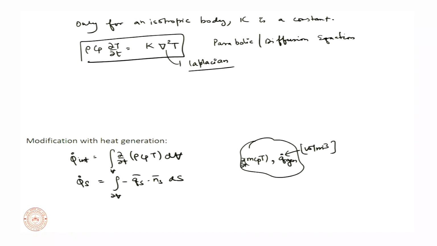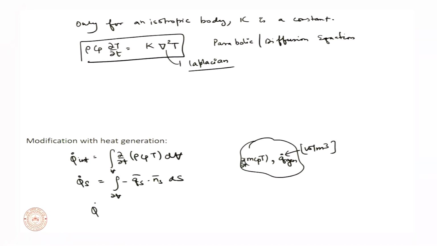What is volumetric heat generation? Say your body is generating heat within. One example is your electrical wire, right? You are flowing current through it, and that is generating heat as I square R. You can also have microwave heating, right? So you are putting your thing in a microwave, and the microwave is heating it up from the bulk, from the volume, right? So the unit for such type is watt per meter cube.